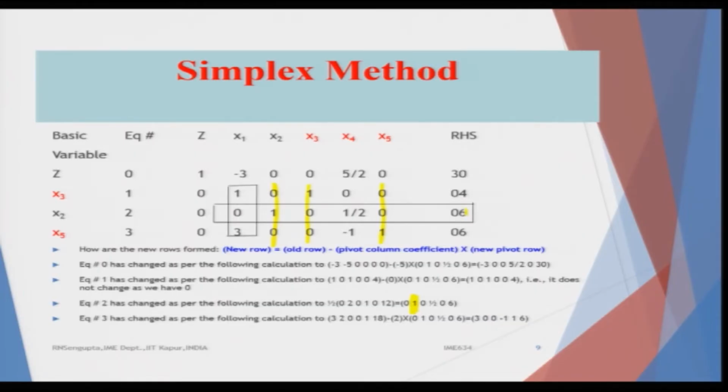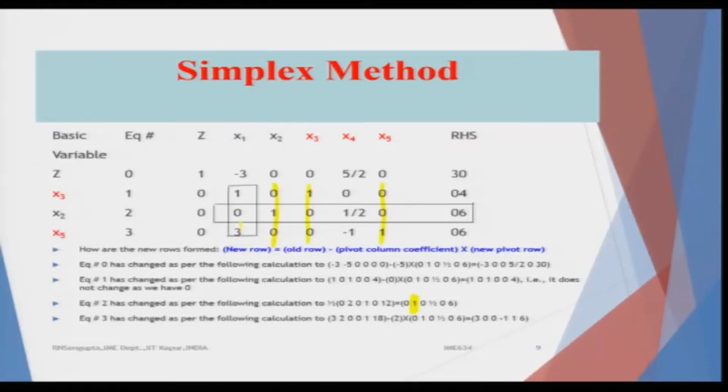Now, pause here. What was the per unit profit from 1 unit of x2? It was 5. So 5 into 6 is your objective function value, which is 30 here. Finally, x5: x1 is not there, so the x1 value is 0, so 3 into 0 is 0.